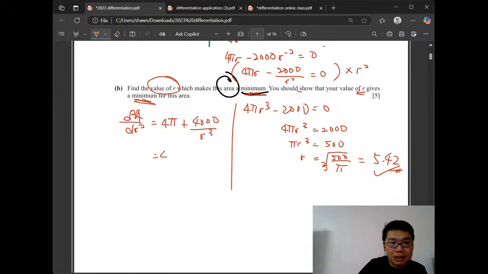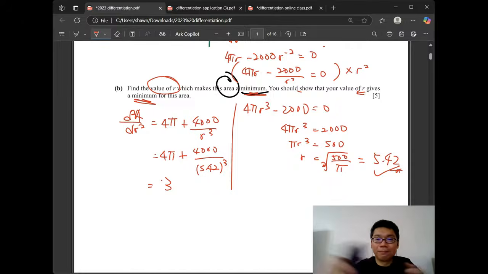Then we sub in to check whether it's max or min. We need to sub in the r value. So we should get around 30. Use my calculator to check. 4 pi plus 4000 divided by 5.42 power 3.